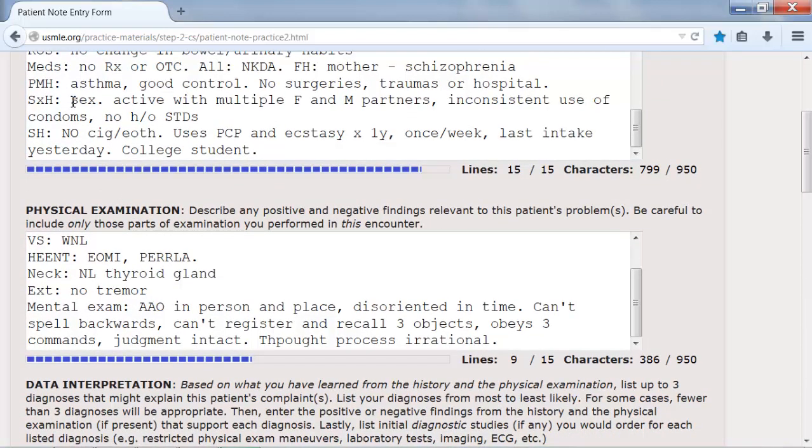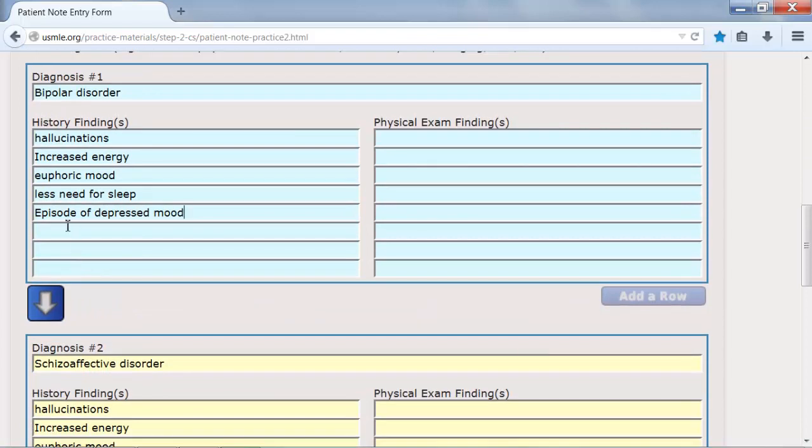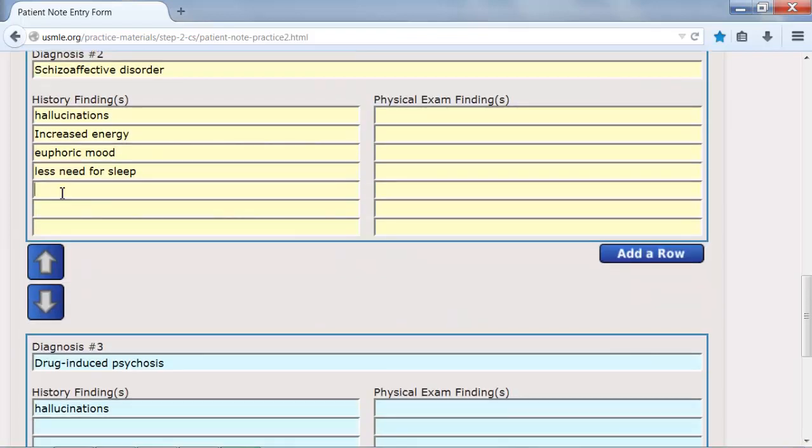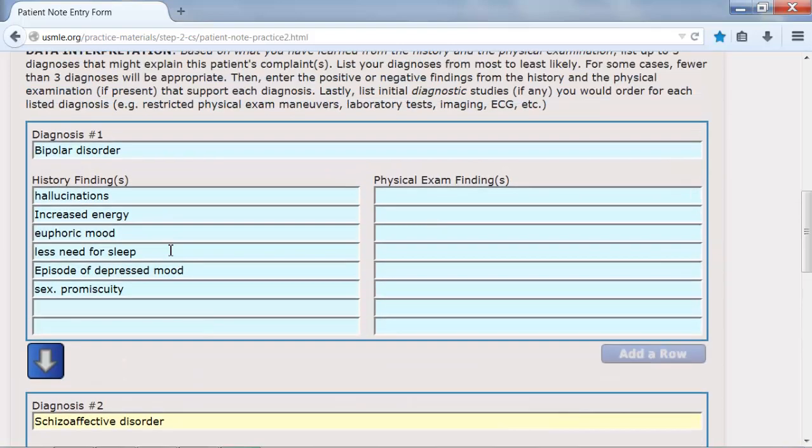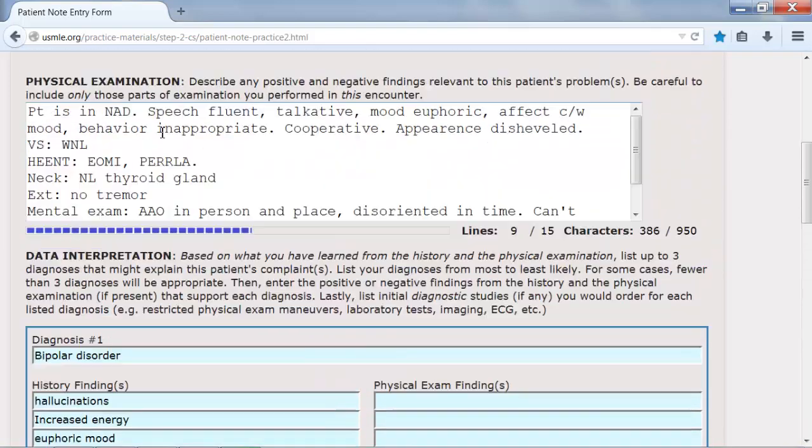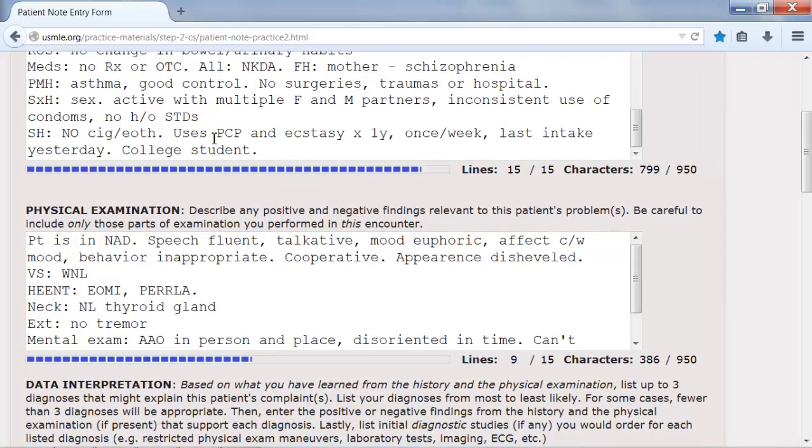Sexual promiscuity will go for bipolar as well, and here also. And for drug-induced psychosis, we of course can use information about drug intake.